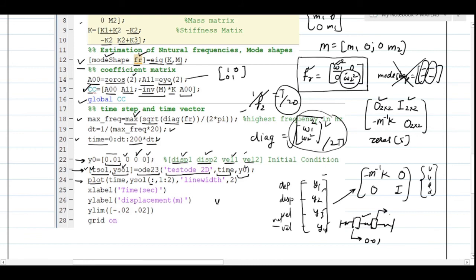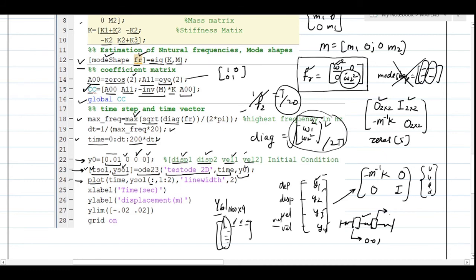So when I look at Y solution, its size will be 1000 rows and 4 columns. These 4 columns in your Y solution, the first corresponds to Y1, then Y2, Y3 and Y4. So if you want to see the displacement of the first mass, you pick the first column and all rows of your Y solution. Similarly, the displacement of the second mass and the velocity.